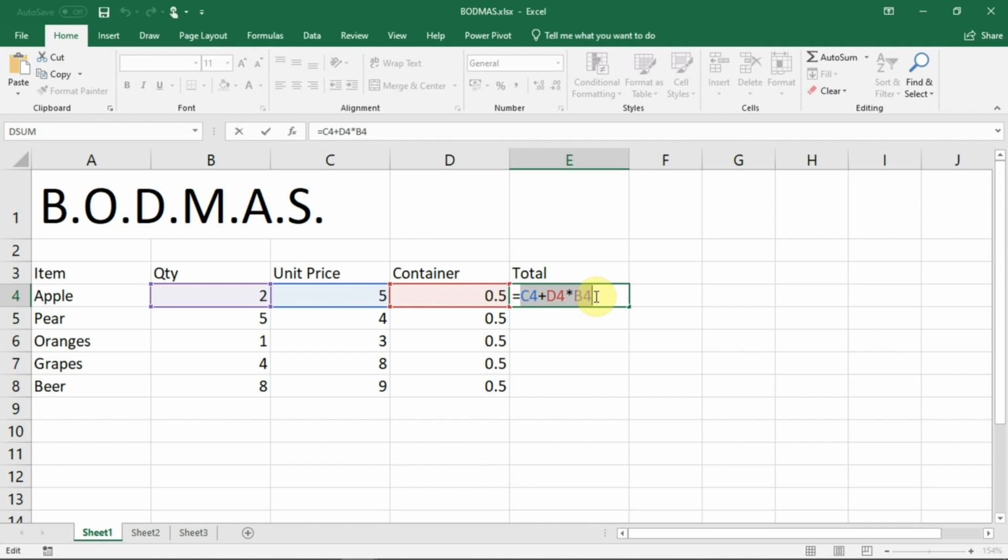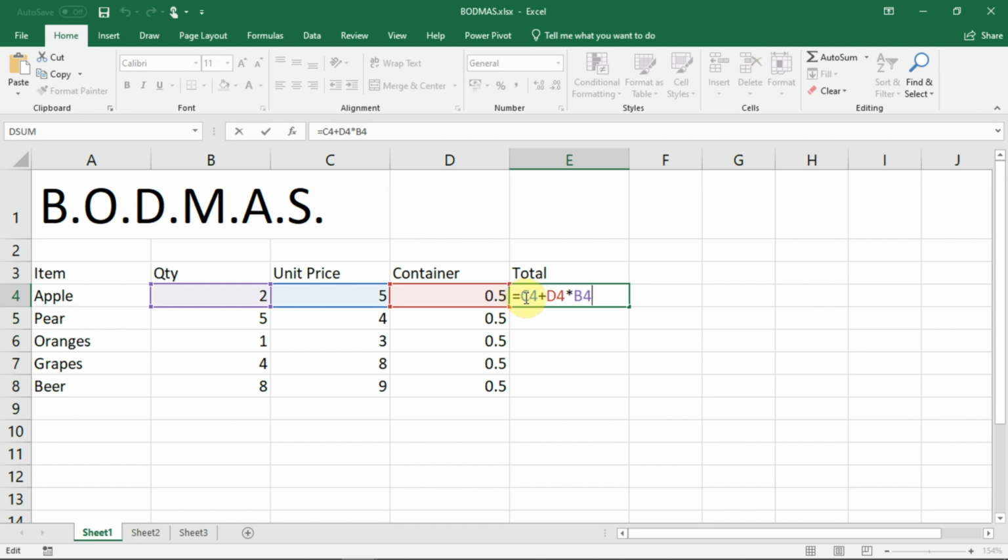What it's actually doing is taking the 0.5 and the 2, whatever's in D4 and B4, multiplying those two together to give me 1, and then, because that's multiplication, after that it's doing the addition. So it's then adding on the 5, hence where we get the 6 from when we're expecting an 11. Now, this is where brackets come in.